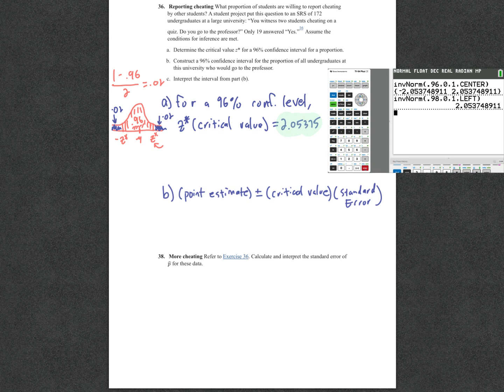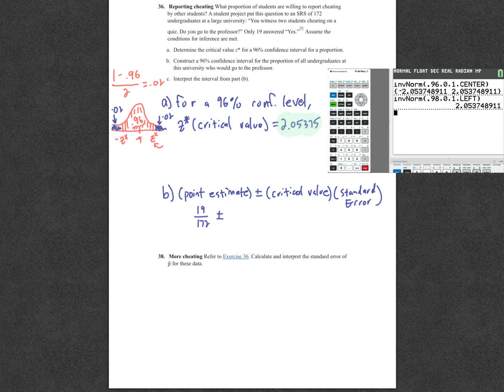So for us, our point estimate from this problem: they said 19 out of 172 undergraduates would answer yes. So that's our proportion p hat.